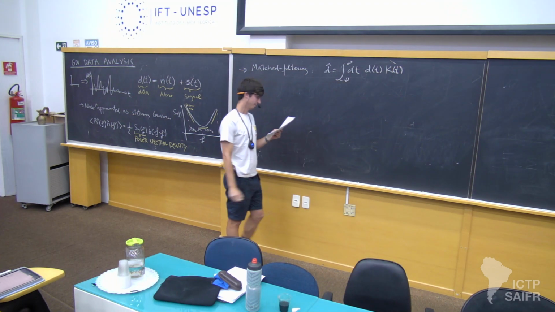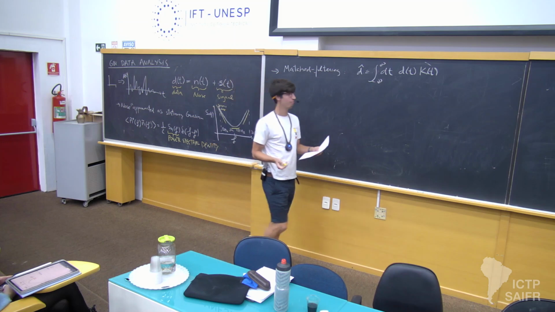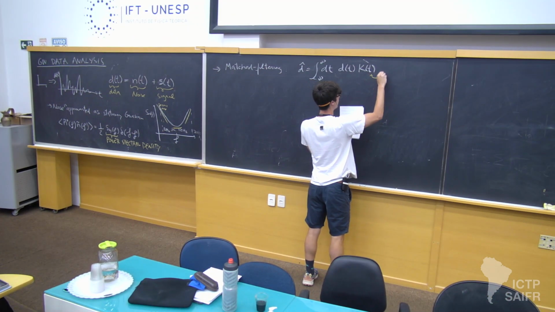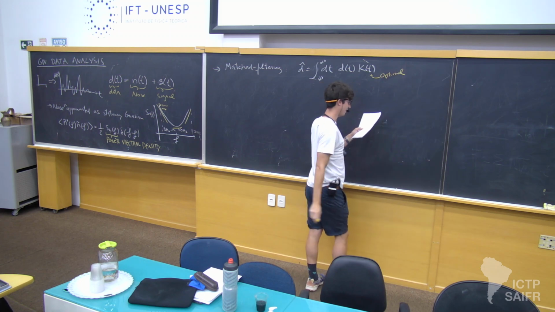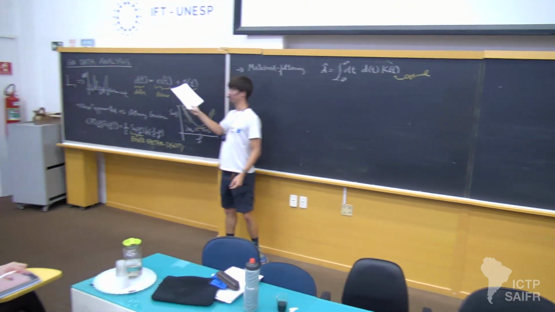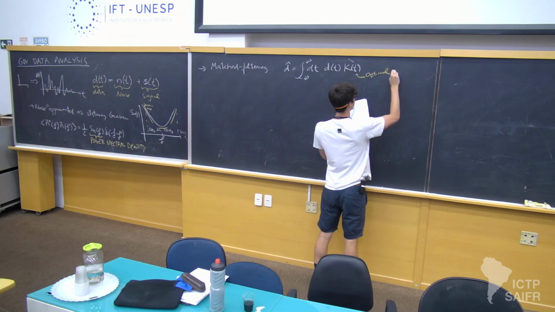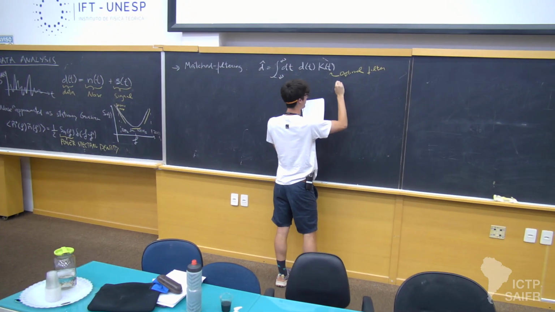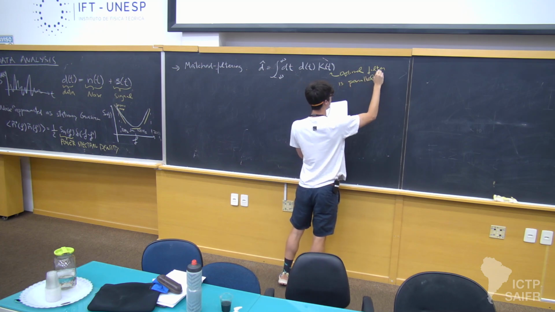Now, something that I don't have time to do now, but you can look in the notes, is that the optimal filter, and this is actually not very surprising, if you have some data which contains some noise and some signal, the optimal filter is one which is parallel to the signal.